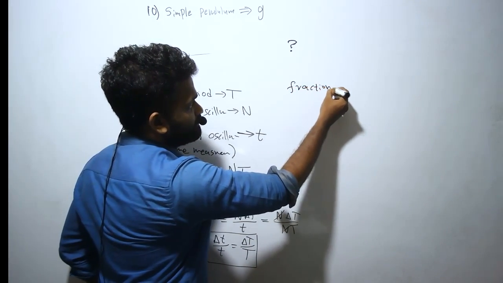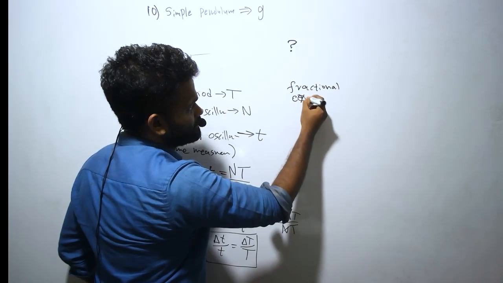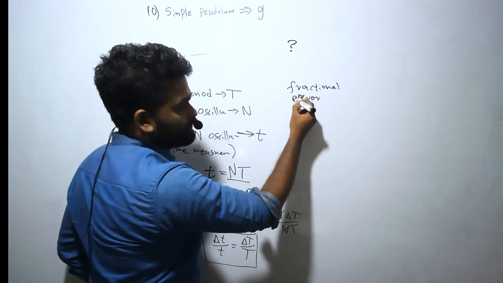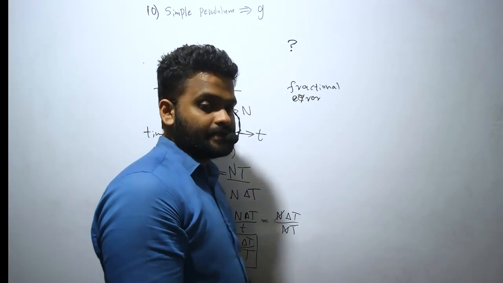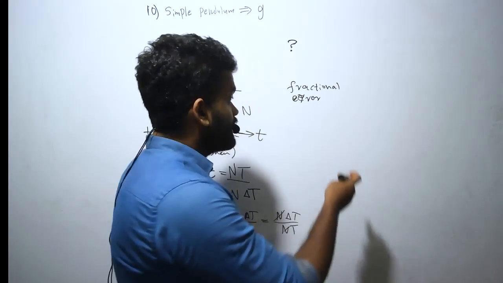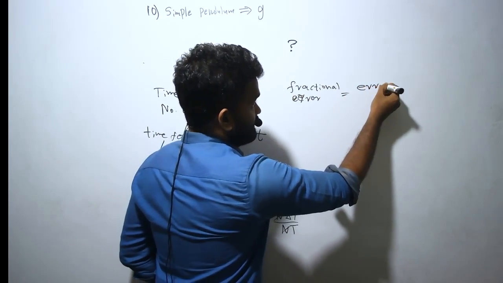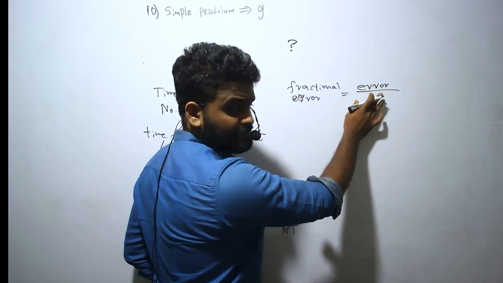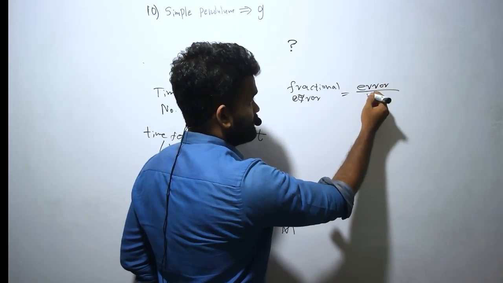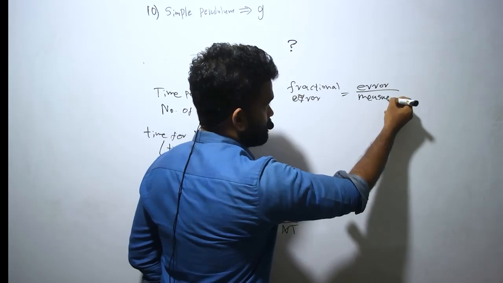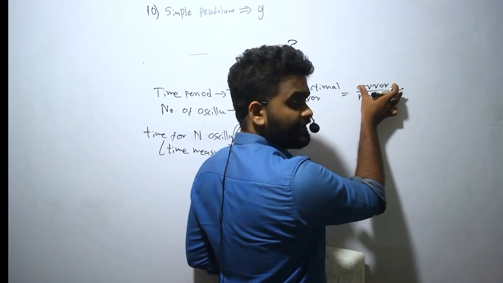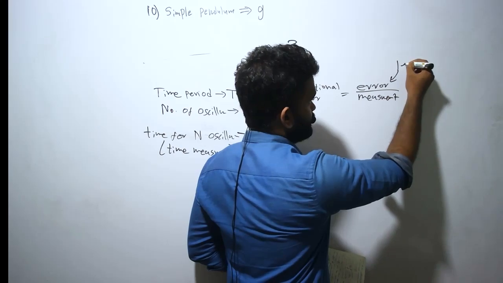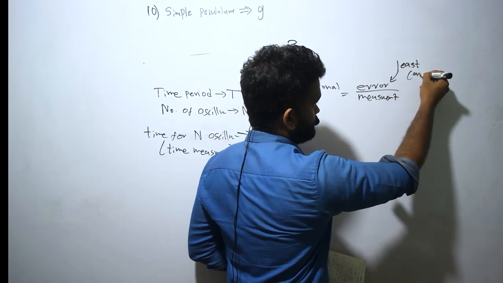So what is fractional error? When you are doing experiments, you should know what fractional error and percentage errors are, right? Fractional error is error divided by measurement. Usually, for error, we substitute the least count.